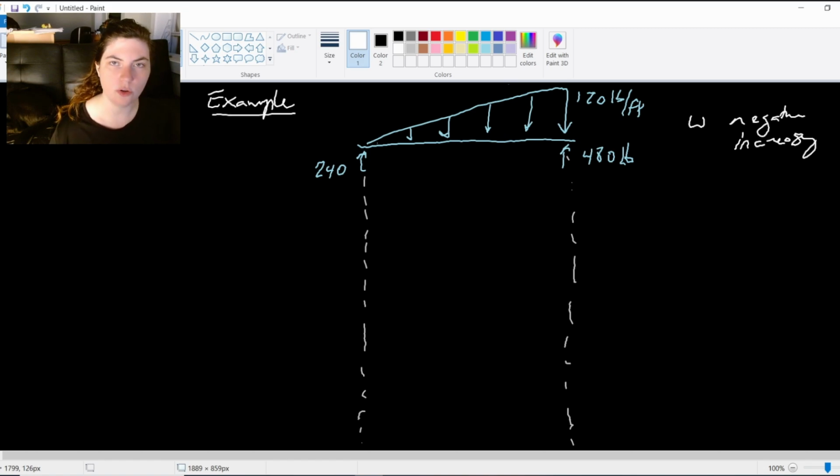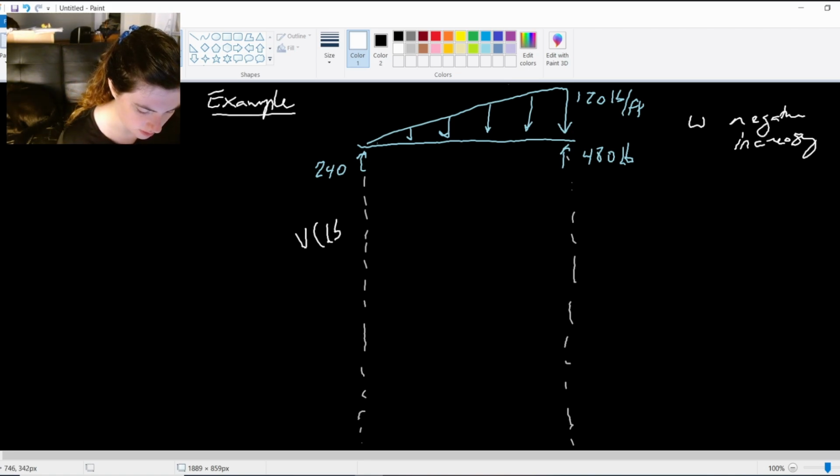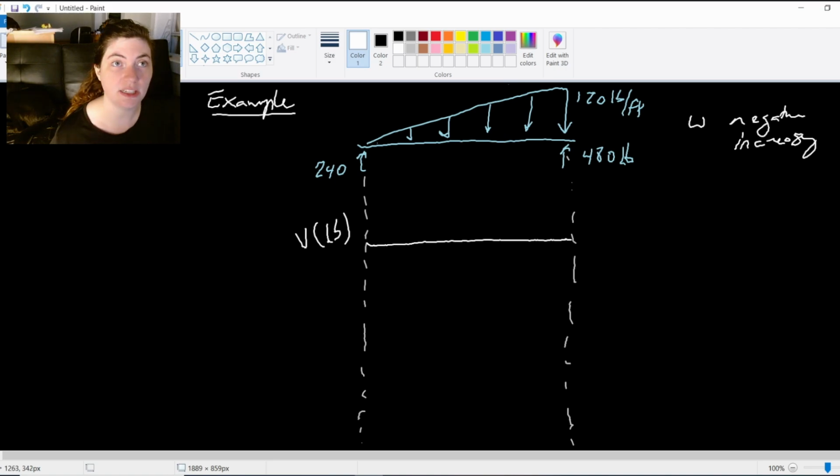So when I go to my shear and moment diagrams, what I want to do is take the info that I know first. When I draw my shear diagram for this, in pounds, it's going to be really easy to use those reactions at the bottom, the 240 and the 480, to give my end mark points.